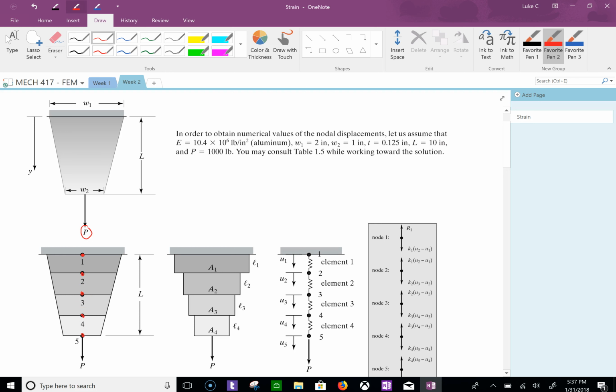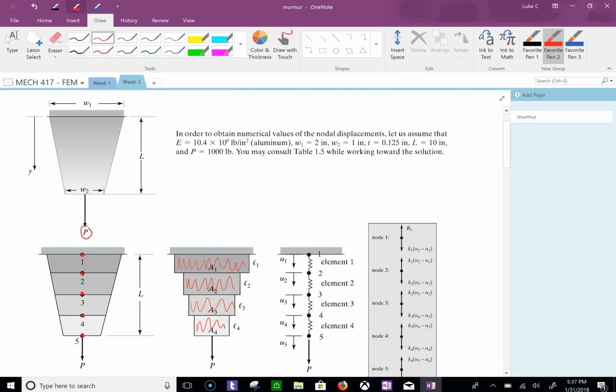We could cut it up into more, which would be more accurate, but we can cut this up into many pieces. Here we have 5 nodes and 4 elements. So we can approximate these as rectangle shapes, which will give us a pretty close approximation.